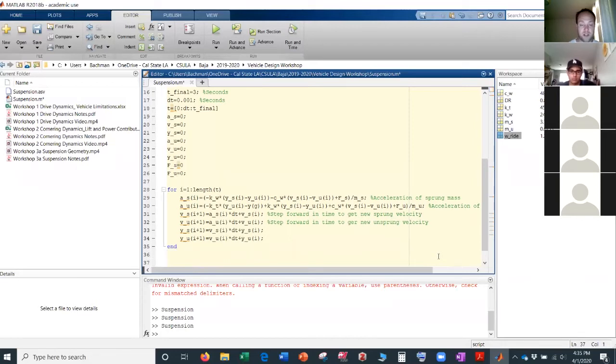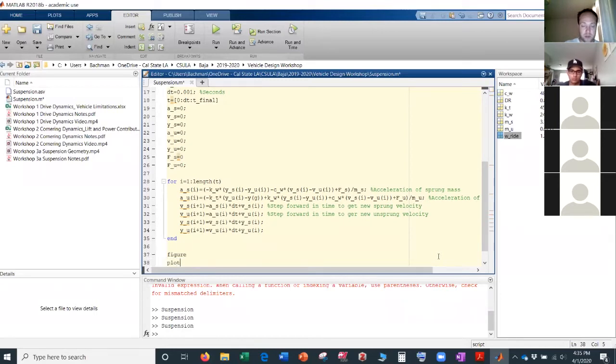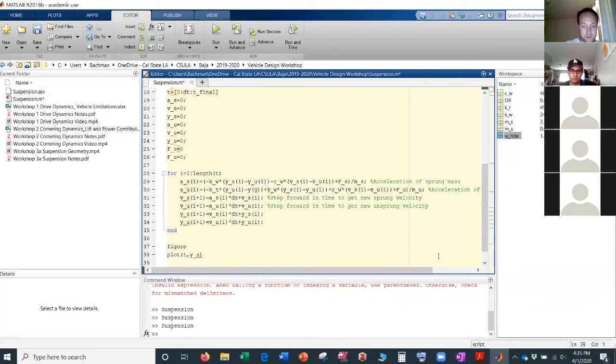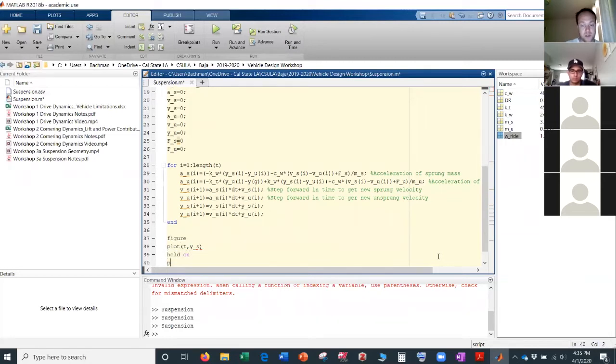So then let's just plot a couple of things. We'll open a figure. Let's plot time versus the position of the sprung mass, and we'll plot time versus the position of the unsprung mass.